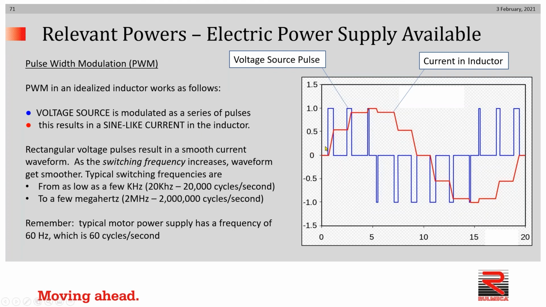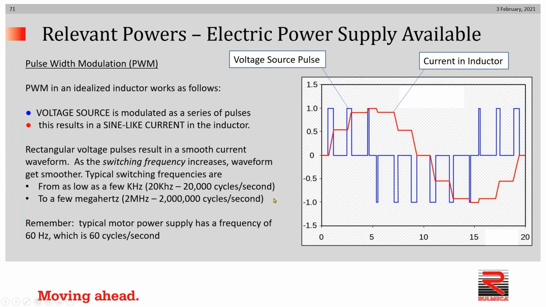The result of these voltage pulses is a sine-like current shape, as current flows from neutral to positive, back through neutral to negative, back to positive again, by modulating the voltage pulses.